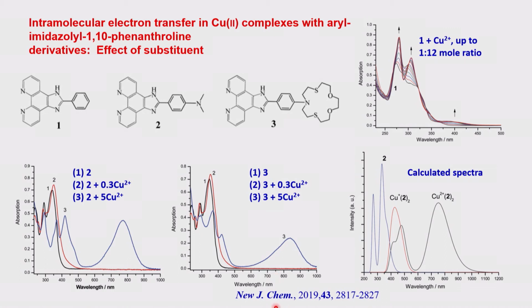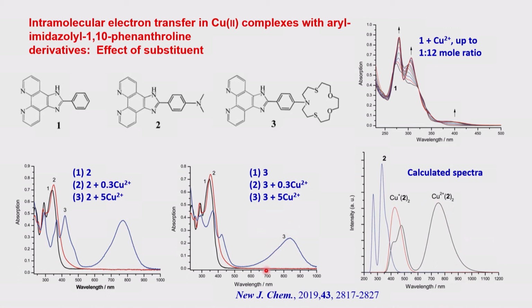For that, some computational calculations were done. If you look at the copper when it forms a complex with this ligand, this is done for the complexation calculations. You add the copper 2 plus, and 2 ligands with 1 copper 2 plus give an absorption spectrum.